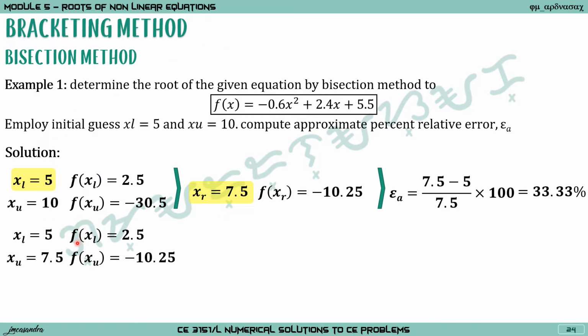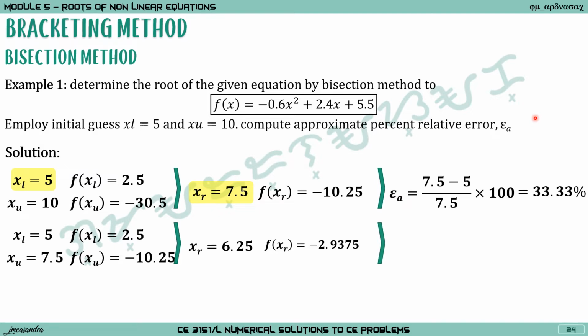So we have computed already our value of functions. So compute for the new x sub r, 5 plus 7.5 divided by 2, we get 6.25. Substituting 6.25 in our equation, we get a value of negative 2.9375.